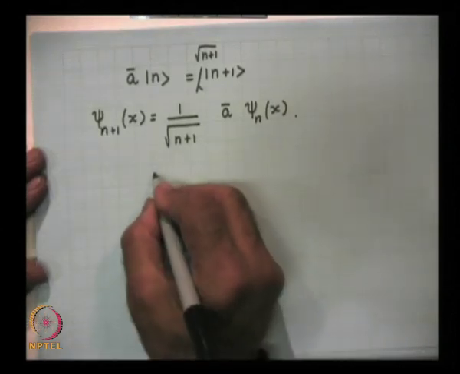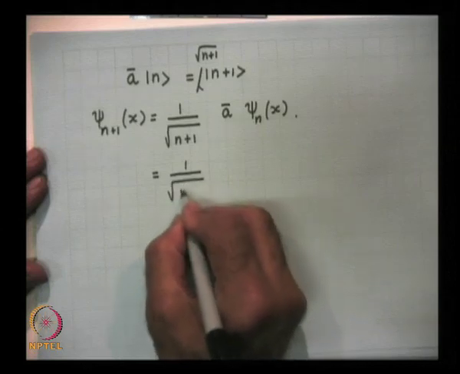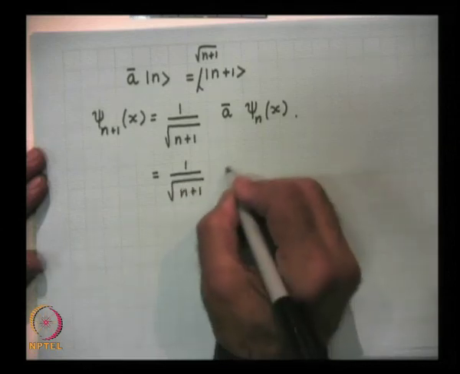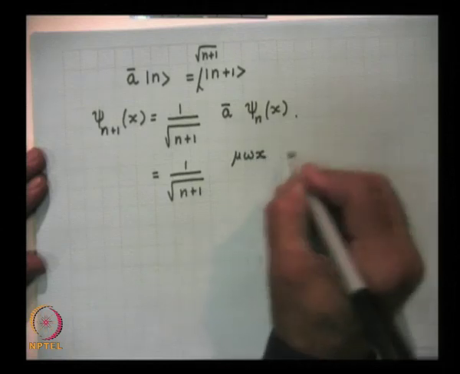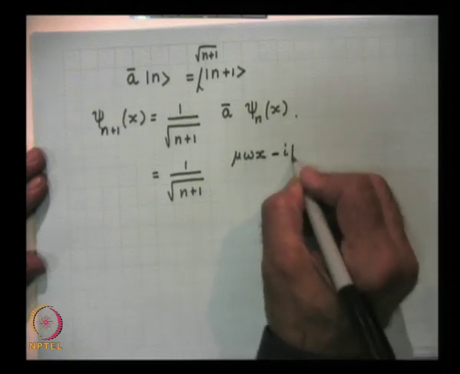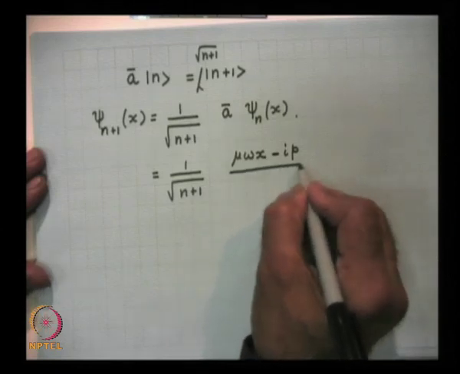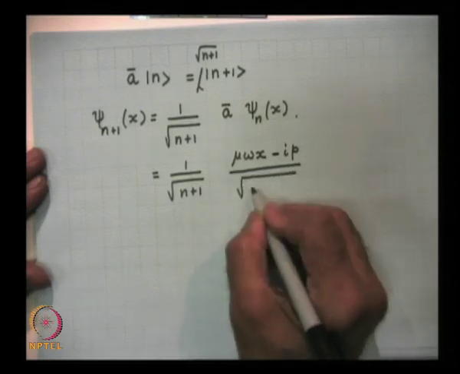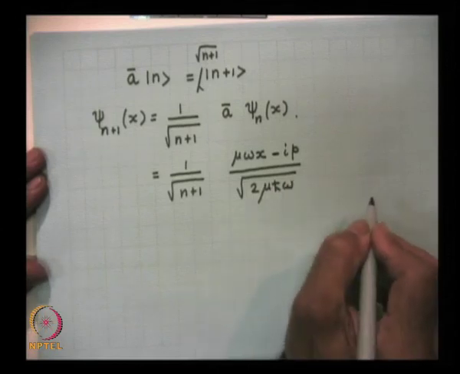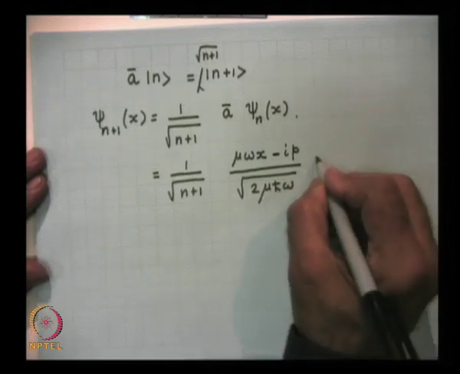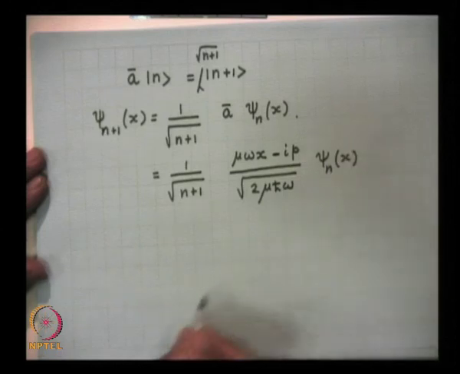So, we will have a dagger is 1 over under root of n plus 1, a dagger is mu omega x minus i p divided by under root of 2 mu h cross omega, operating on psi n of x.